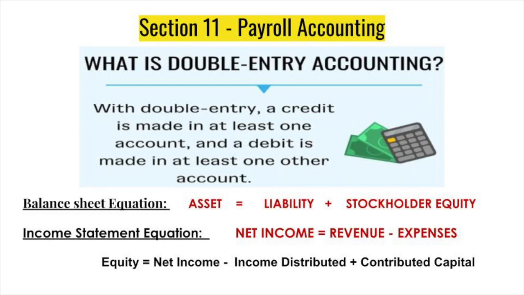In order for each equation to remain in balance, that is, the amount on one side of the equation equal to the amount on the other side, a double entry for each transaction is required. One account is increased while the other account is decreased. This is done by debits and credits.